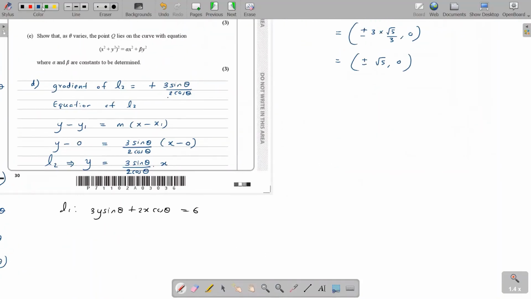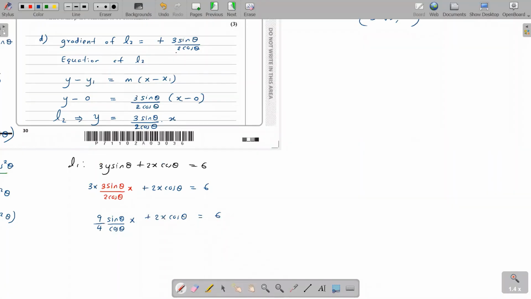So let's input the line 2 value. 3 times y is 3 sine theta over 2 cos theta into x, plus 2x cos theta equals 6. So I end up getting here 9 over 4 sine theta over cos theta x plus 2x cos theta equals 6. Are you with me?